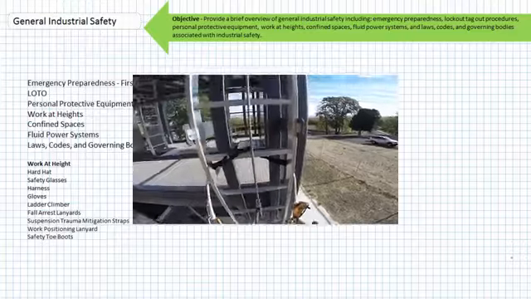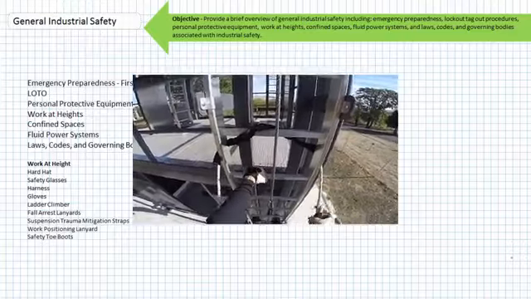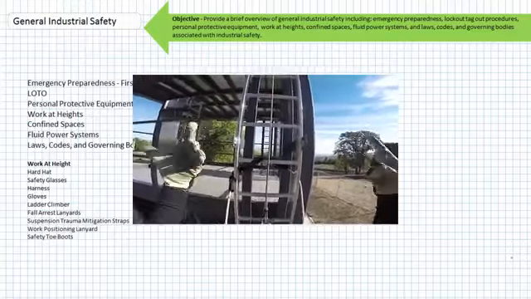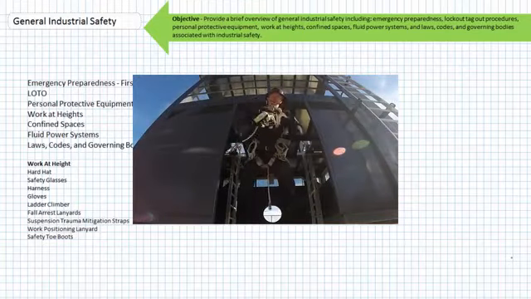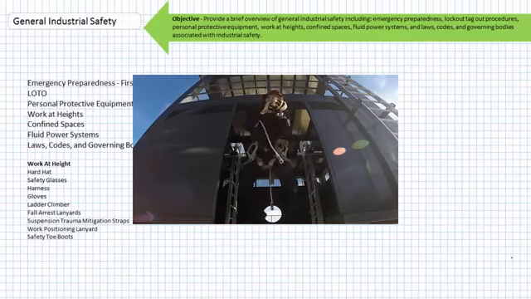The work positioning lanyard is not designed for fall arrest purposes. Whenever the worker leans back, the system is activated. In addition to this use, the work positioning lanyard can be creatively employed as a backup set of suspension trauma mitigation straps.